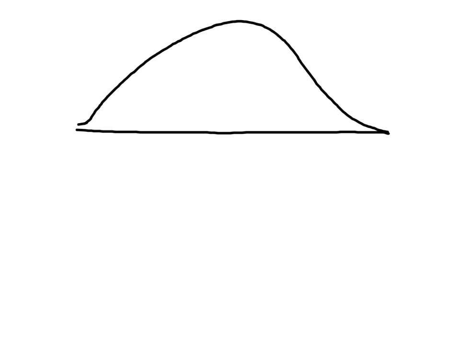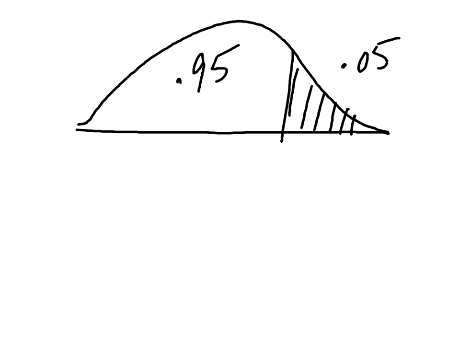Oh, okay. I'm going to set up that same situation again. Let's say that we had a right-tailed test at alpha equal 0.05. And we know the cutoff value for that is 1.65. Okay?